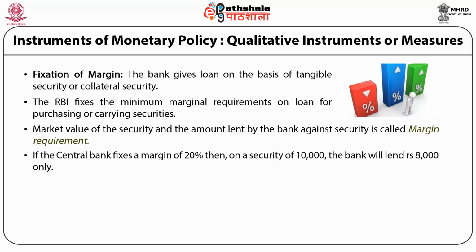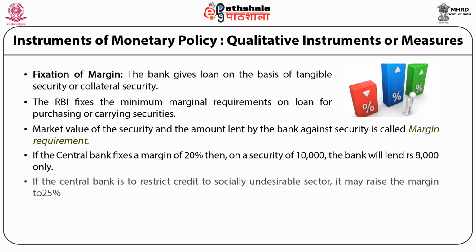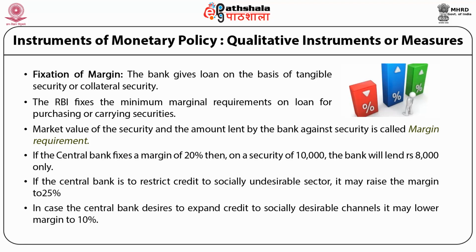If a central bank fixes a margin of 20%, then on a security of 10,000, the bank will lend rupees 8,000 only. If the central bank is to restrict credit to a socially undesirable sector, it may raise the margin to 25%. In that case, the bank will be able to lend rupees 7,500 only. In case the central bank desires to expand credit to socially desirable channels, it may lower the margin to 10%.